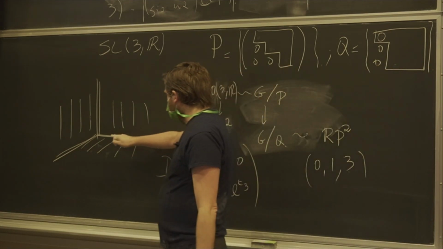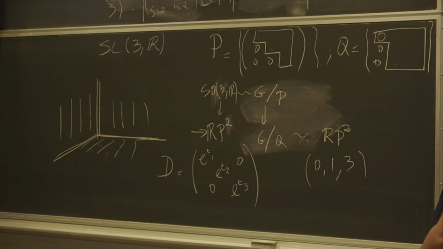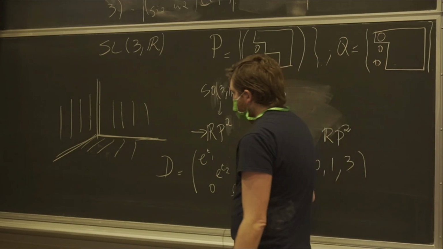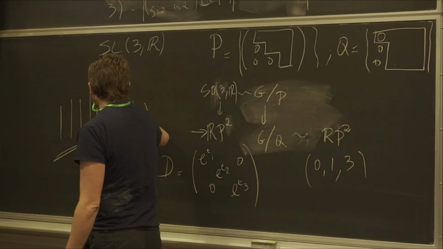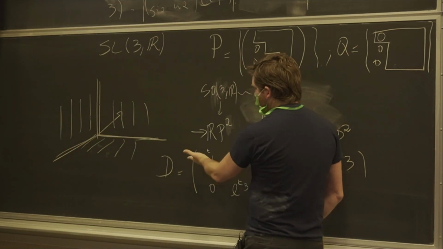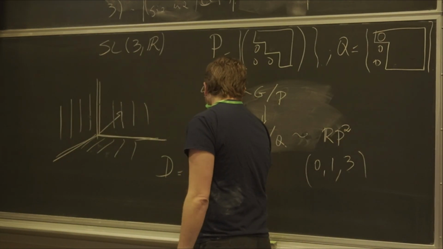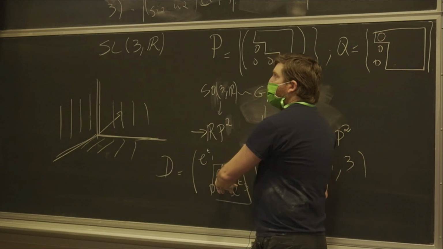Now each of these three lines are fixed points for the action of this diagonal guy. And then if you take a vector inside here, it will act correspondingly. So this is the second and third coordinates. So these two coordinates will tell you what to do.